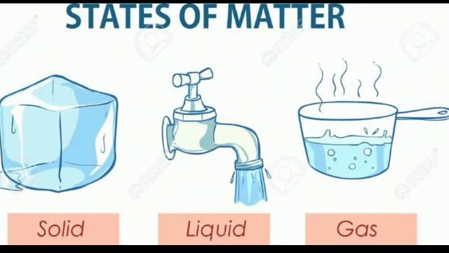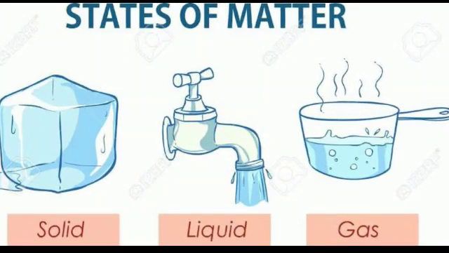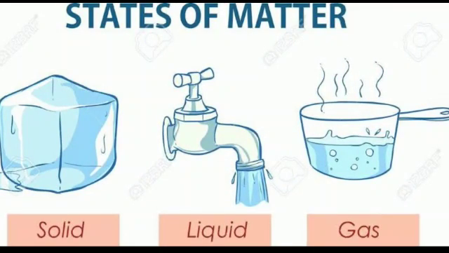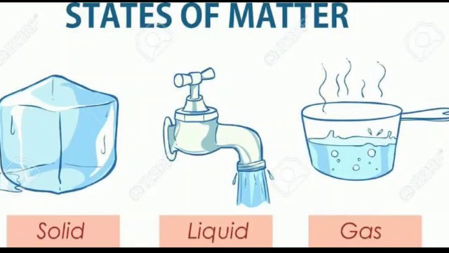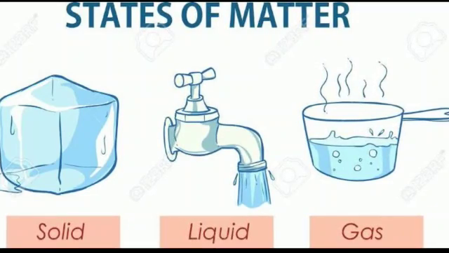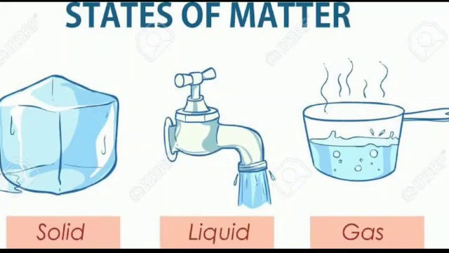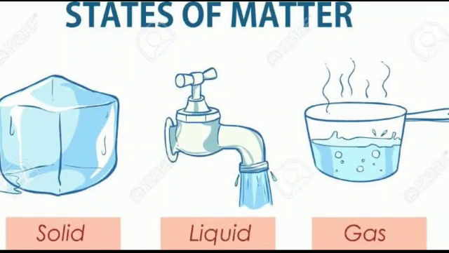And heating or cooling can make matter change from one state to another. For example, when you take a cube of ice from the refrigerator and leave it outside, what happens? The ice melts into water. So you could see that solid changes into liquid on heating.